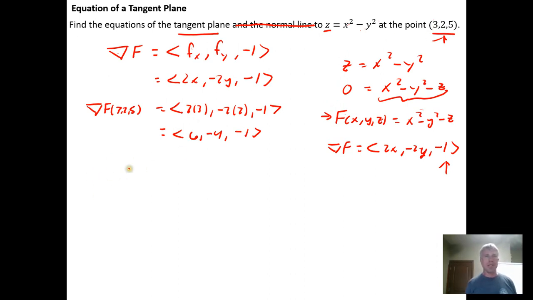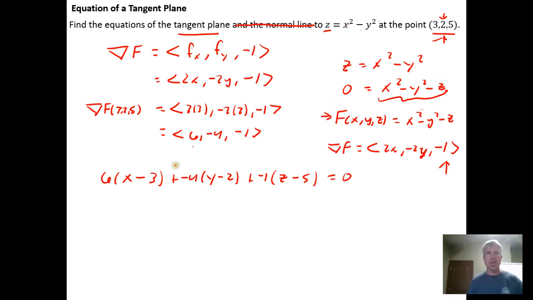So our tangent plane formula is going to be given by 6 times x minus x naught, but my x naught is 3. You choose the point on the plane, plus the -4 times y minus y naught, and y naught is equal to 2, plus -1 times z minus z naught, but z naught is equal to 5, and this is a dot product that needs to equal 0.